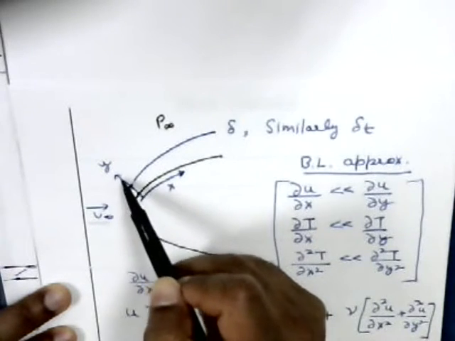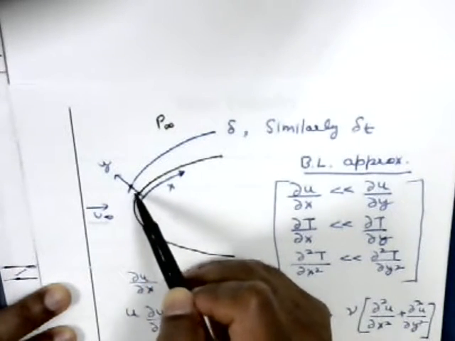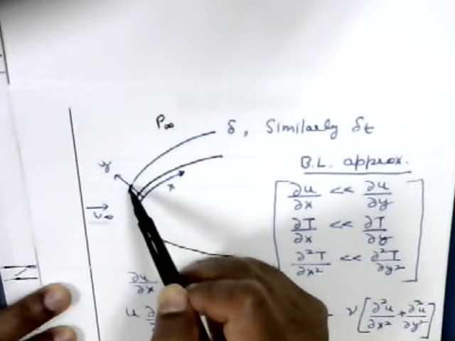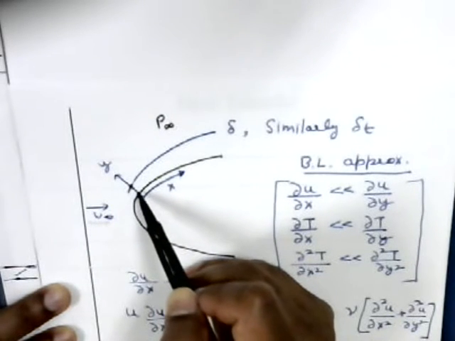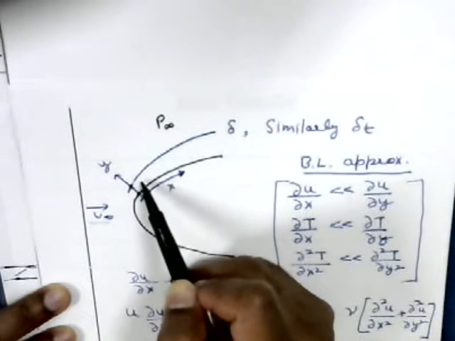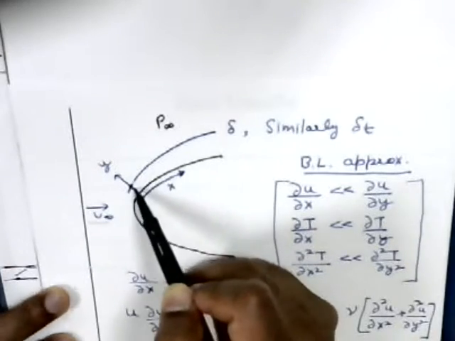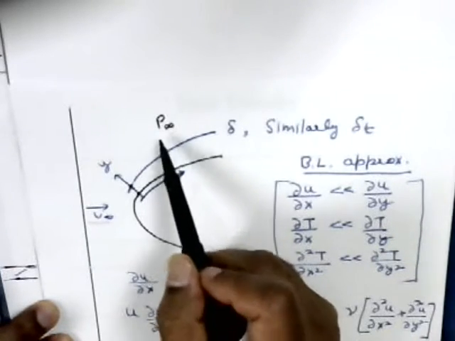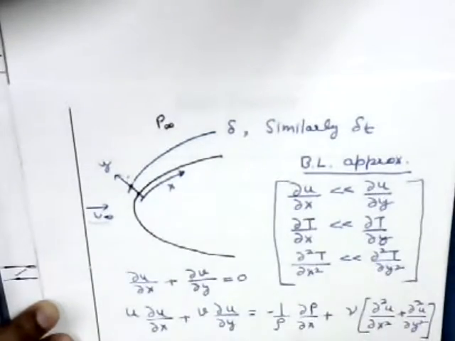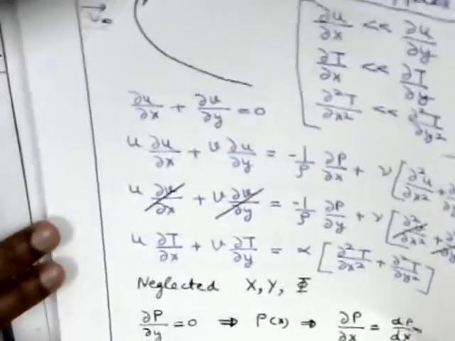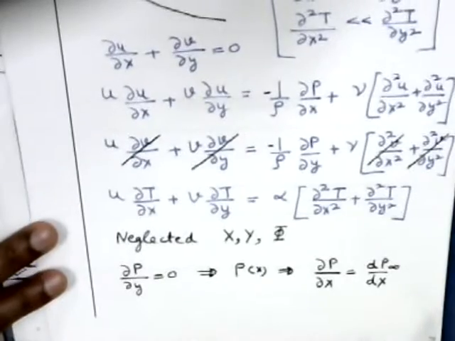Pressure variation in the y direction in the boundary layer is negligible, and the pressure variation in the x direction, dp/dx, can be written as dp∞/dx, how p infinity changes with x. That is what the y momentum equation gives us.